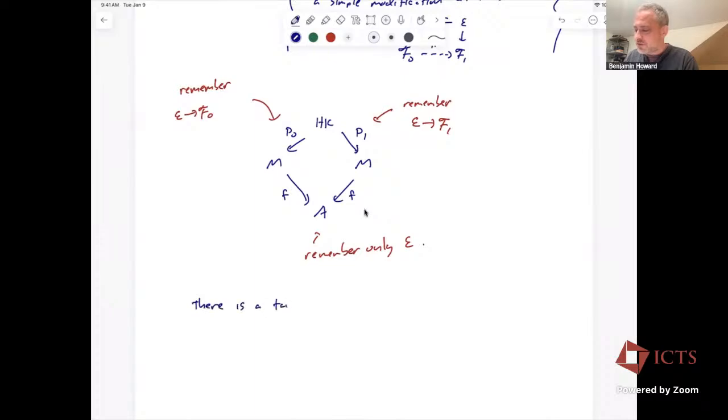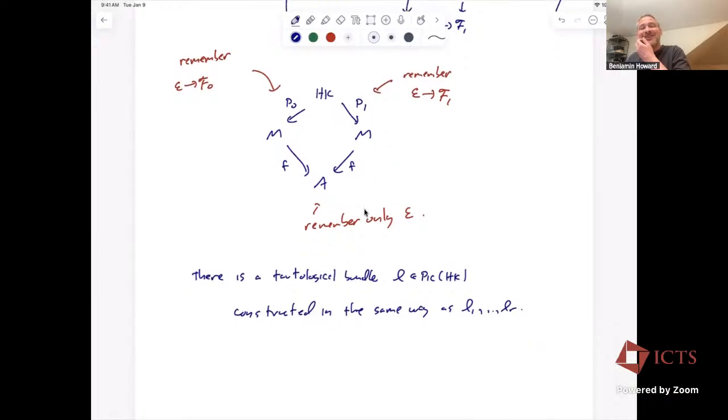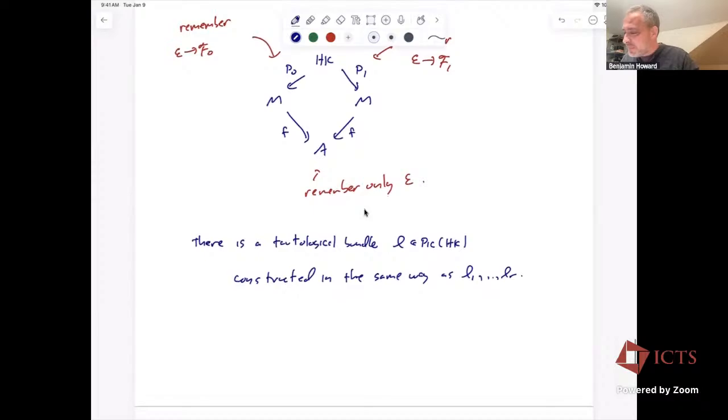There's a tautological bundle L on the Hecke stack, constructed in the same way as L_1 up to L_r. And so you can use that to construct this endomorphism T. So here's what you do.